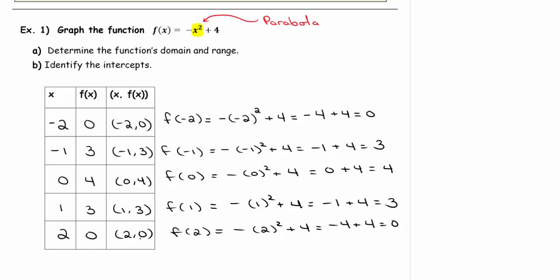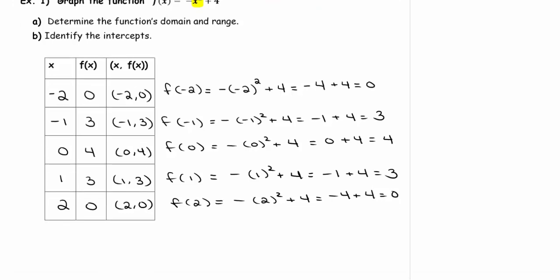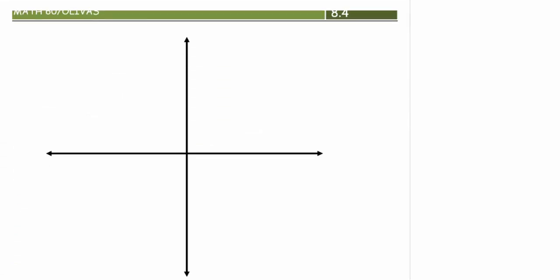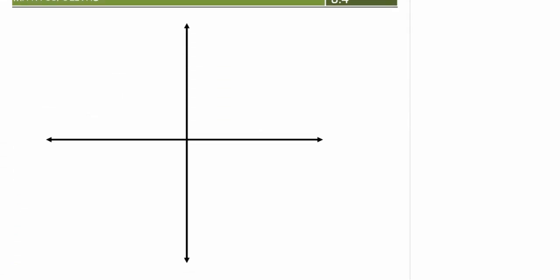Okay, so let's make sure we remember these ordered pairs as we're plotting them on our graph. I'm going to scroll down a little bit more because I happen to have a graph made right here. I'm just going to go ahead and draw some marks here to help me.